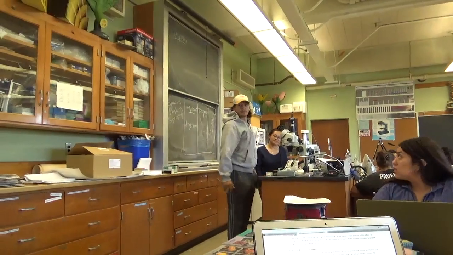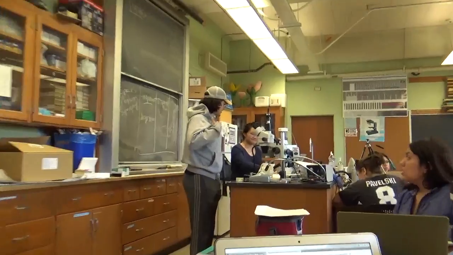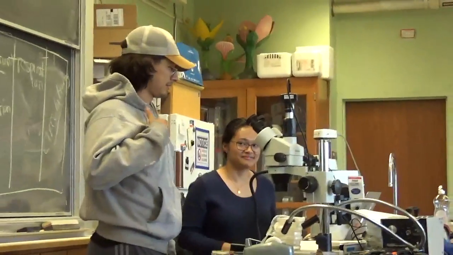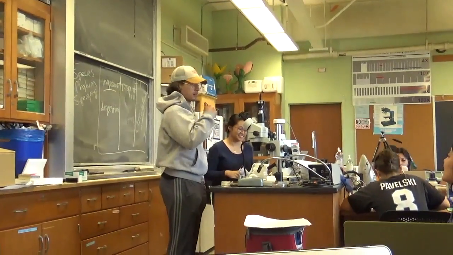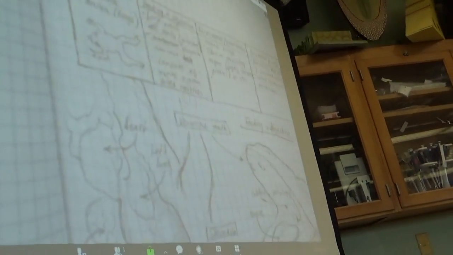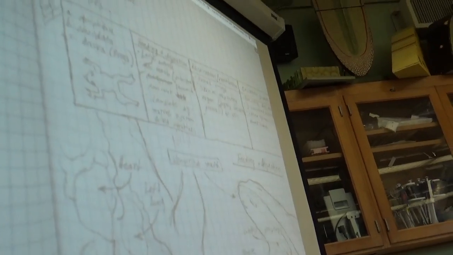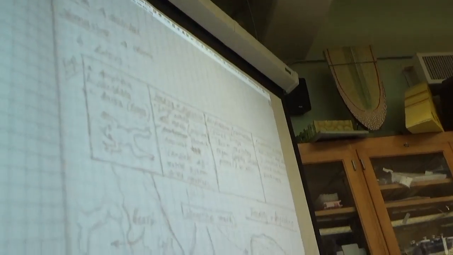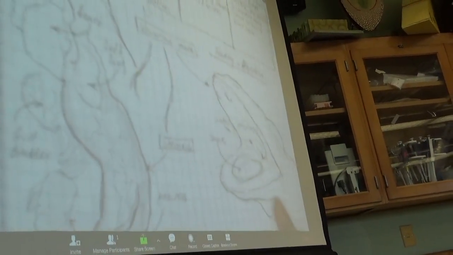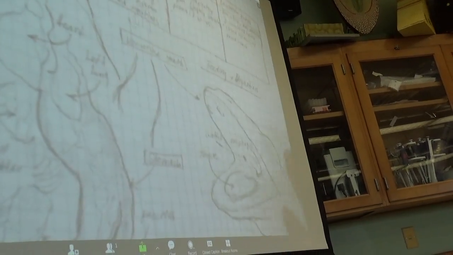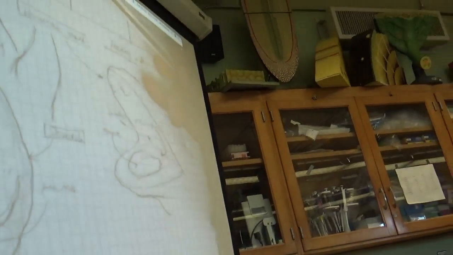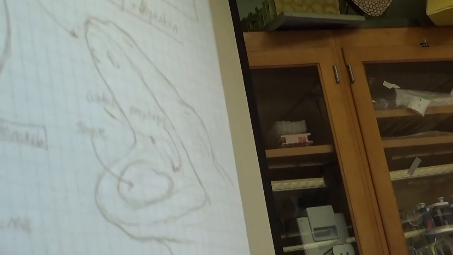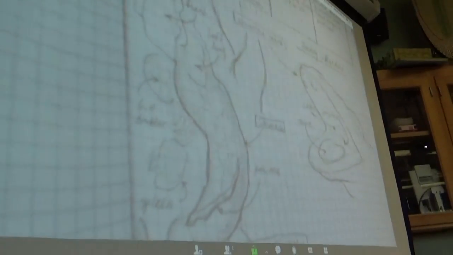Who your organism is? Tyler, we did the frog, which was the Amphibia, Chordata, Anura. We drew the feeding and the digestion slide. So this is the stomach, which was pretty muscular.